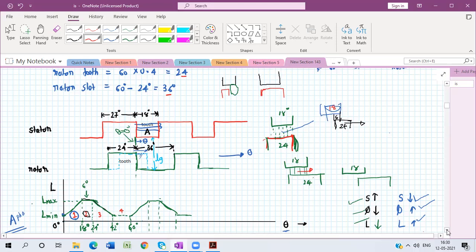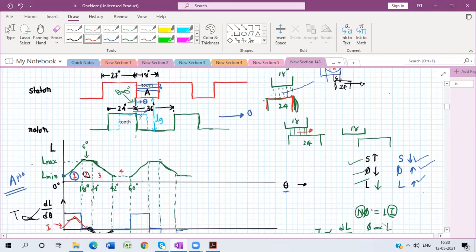The basic concept you have to know is which alignment position will give a minimum inductance, and which alignment position will give a maximum inductance. An example may be given, and you have to find out how much overlap period is there.